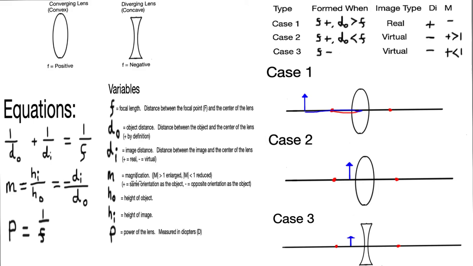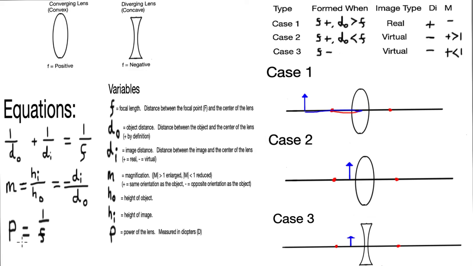Some important things to know about m: if the absolute value of m is larger than 1, the image is going to look enlarged compared to the object, whereas if the absolute value of m is less than 1, the image is going to look reduced relative to the object. Another important thing is the sign of m. If it is positive, the image has the same orientation as the object, whereas if it is negative, it has the opposite orientation.